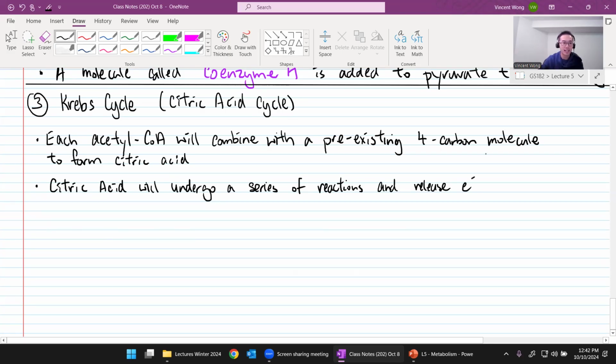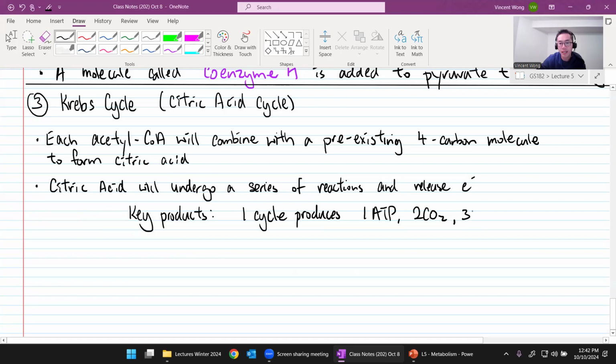After all, we are oxidizing it, right? So then here are the key products. Okay. One cycle produces 1 ATP, 2 carbon dioxide, 3 NADH, and 1 FADH2.